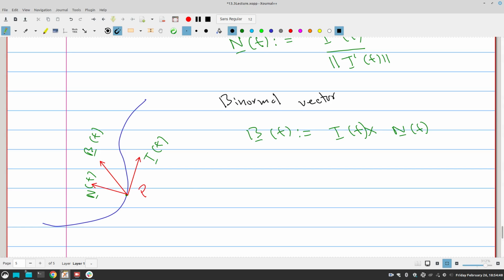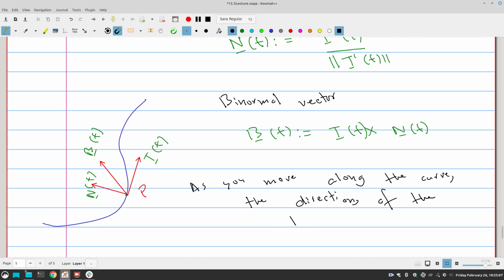So as you move along the curve, the directions of the three vectors are changing, right? In fact, this is called a TNB frame, right? TNB frame.